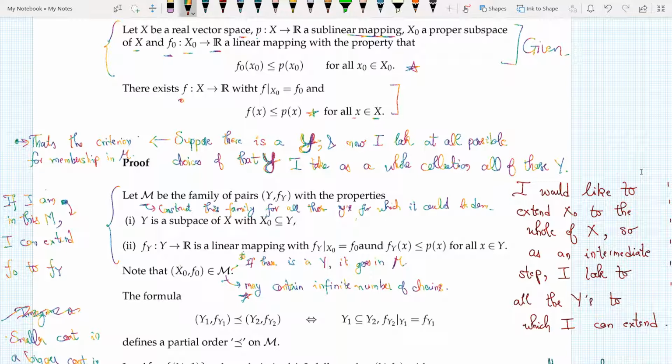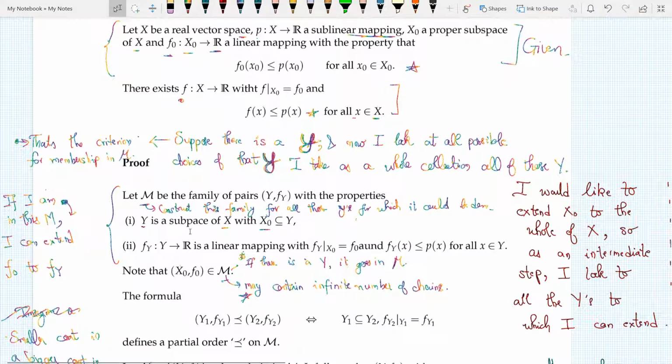We are constructing it in this way, that Y is a subspace of X and X naught is a subspace of Y. So X naught was the space on which the functional which was given to me was defined, and now I take a subspace capital Y such that X naught is a subset of capital Y and Y is a subspace of X, so X naught is also a subspace of capital Y.